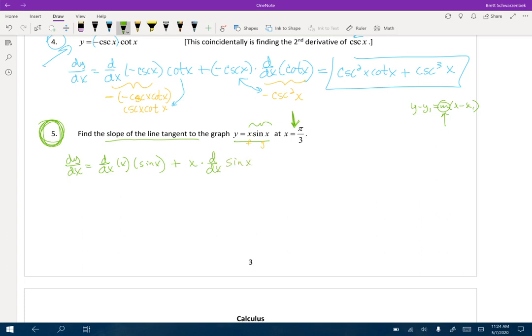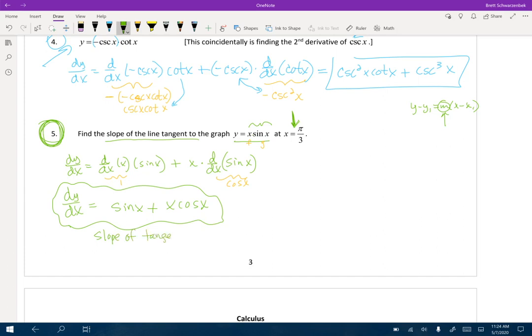All right, so quickly, we know that this is 1 and this is cosine. So our resulting derivative is going to be sine x plus x cosine x. Okay, so this is our derivative, and basically this is our first step. Remember, this is the slope of tangent at any point, and by the way, this is what you would give them if that's what they asked for.